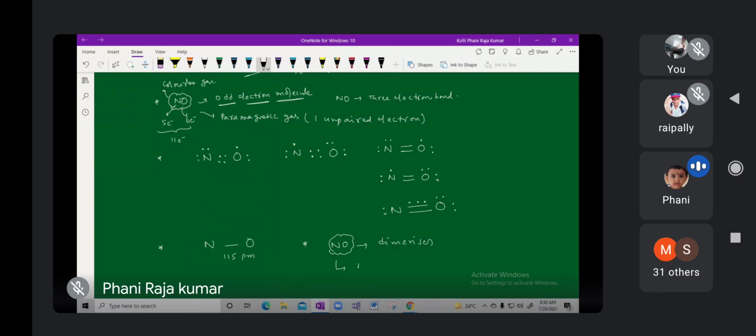And one point I am writing here: the dimeric form of NO is diamagnetic. NO has an odd electron, and becomes a dimeric structure. So no odd electron in the dimeric structure, and it becomes diamagnetic from paramagnetic.